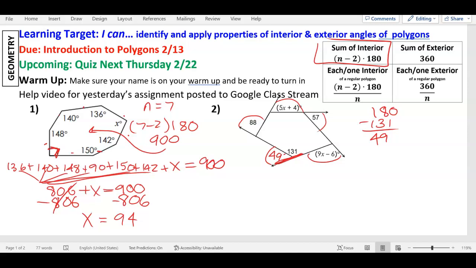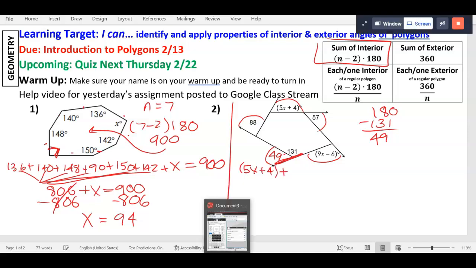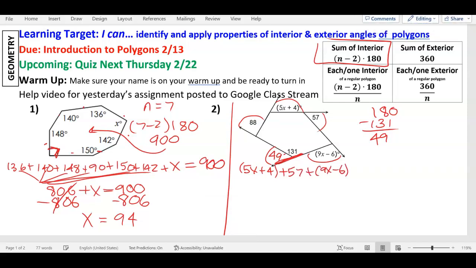Okay, so let's go ahead and make this equation here. 5x plus 4 plus, by the way, 57 plus 9x minus 6 plus 49 plus 88 equals 360. The sum of the exterior is always 360.